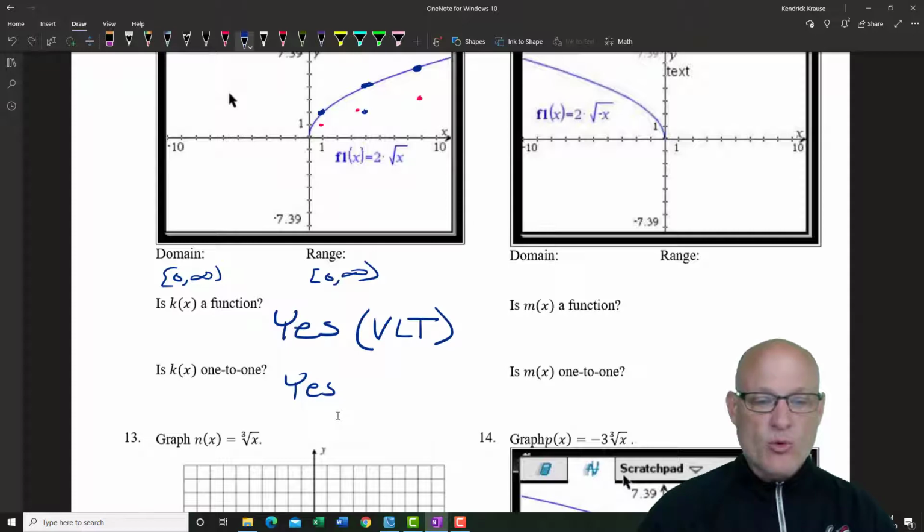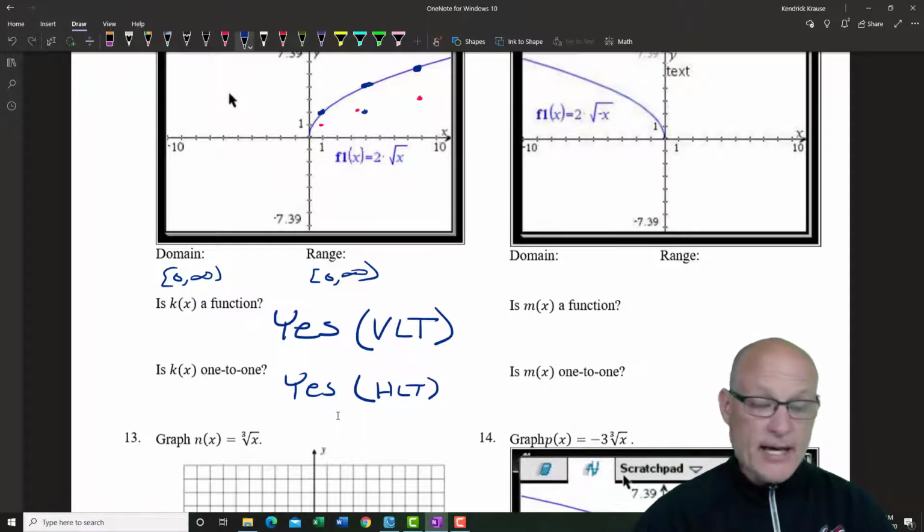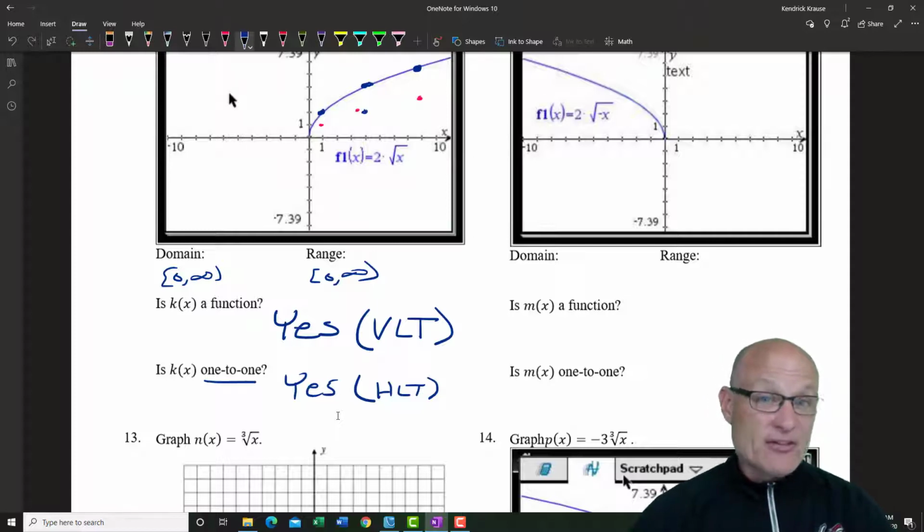If it's a one-to-one function, then it does pass the vertical and horizontal line test, the horizontal line test being the more important one in this case. In order for it to be a one-to-one function, it has to pass both the vertical and horizontal line tests. In other words, every x has only one y, and every y only has one x. And then that would make the inverse of this a function, and we'll talk about that at some point.